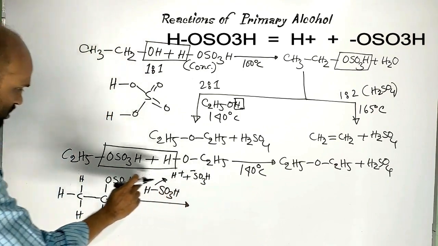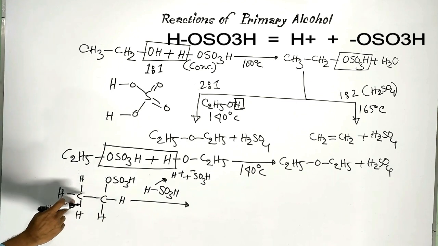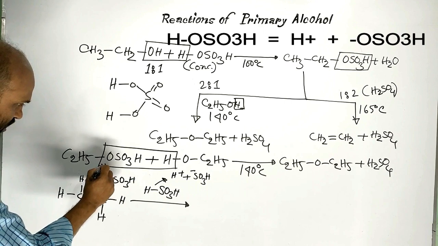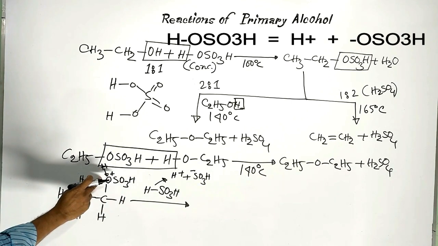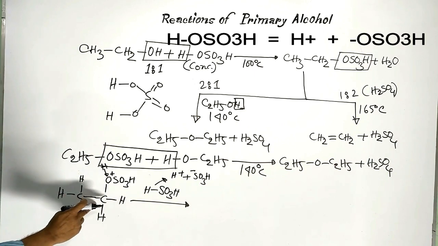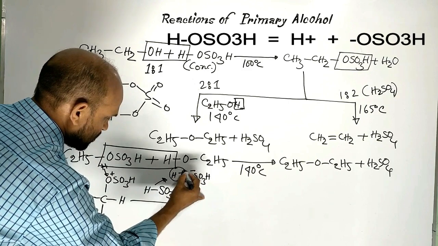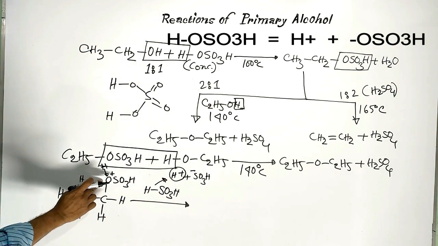This proton combines with this oxygen, that is, ethyl hydrogen sulfate is protonated. Oxygen becomes positive in charge. Ethyl hydrogen sulfate is protonated with this proton. Oxygen becomes positive in charge.